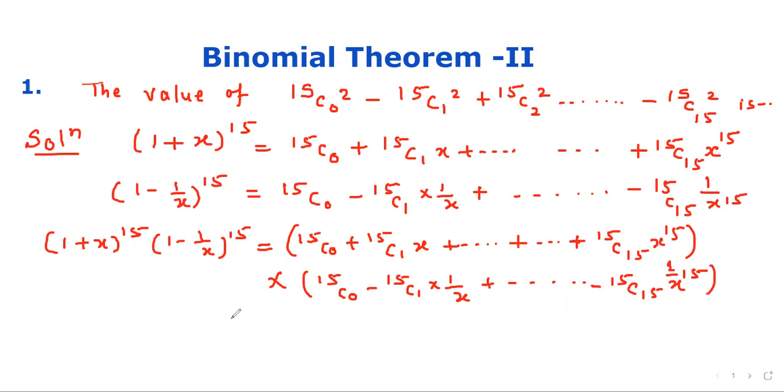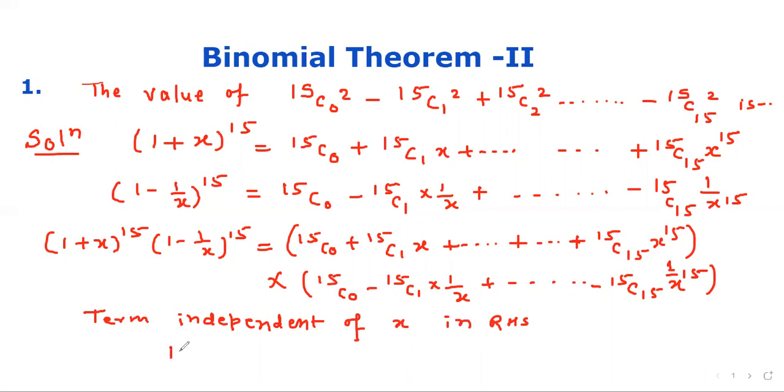Now, term independent of x in RHS. So when we multiply 15C0 to 15C0, we will get, here we write term independent of x in RHS.